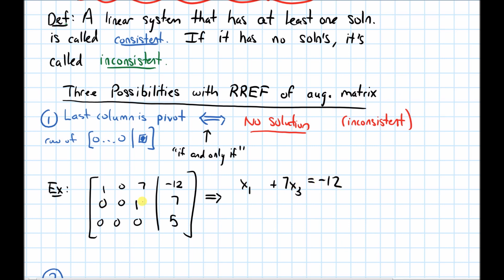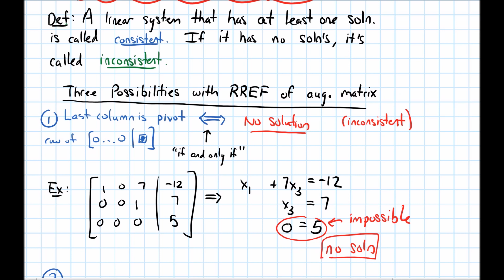For the second row, the equation I have is x3 equals 7. And then for the last row, I would have 0 equals 5. But 0 equals 5, that's impossible. That can't happen. So because of that, there is no solution.